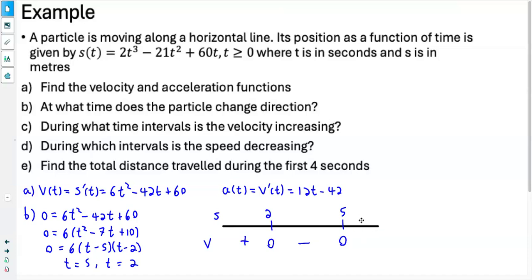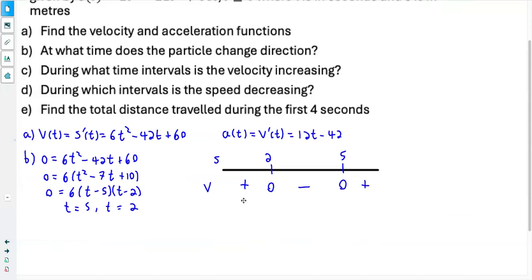And then if we choose something larger than 5, let's say 6, we would have a positive times a positive times a positive. So we would have a positive velocity here. So we can see that it changes direction at a time of 2 seconds and a time of 5 seconds.